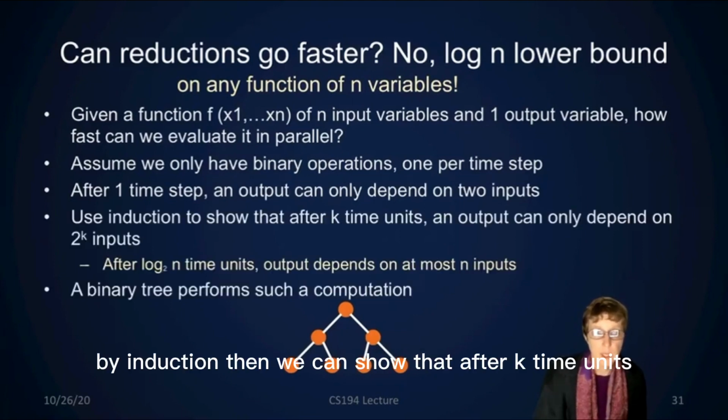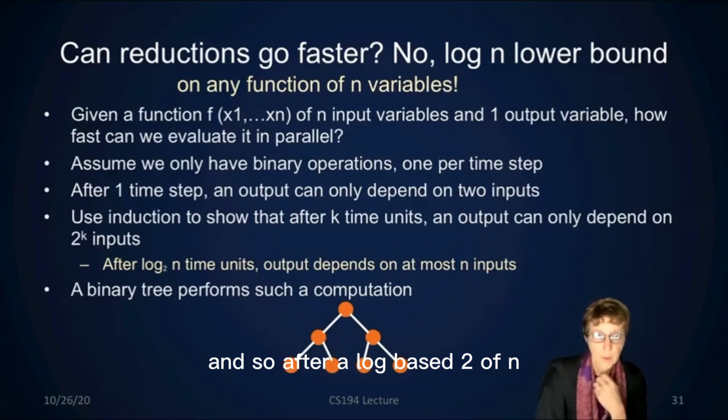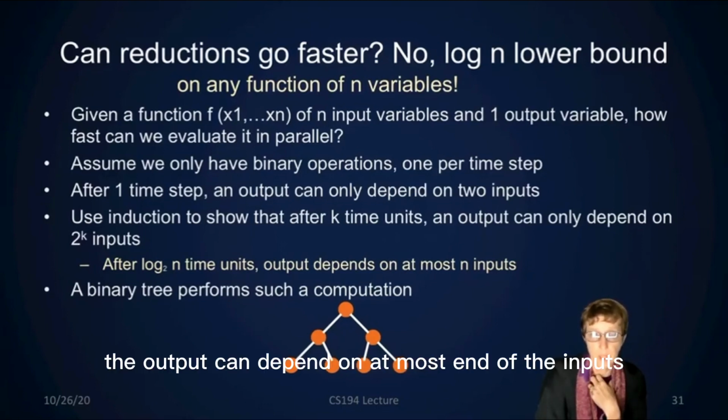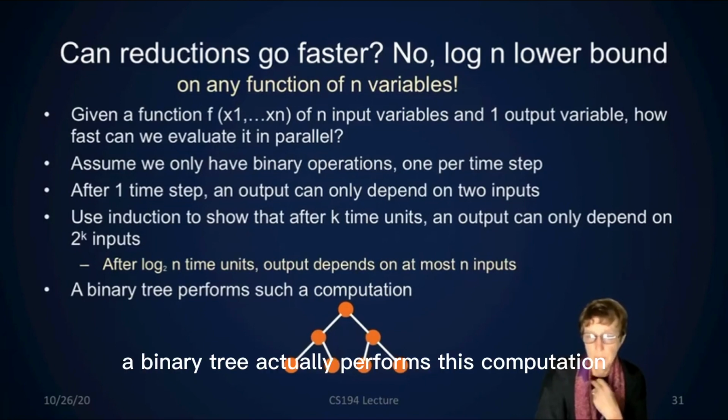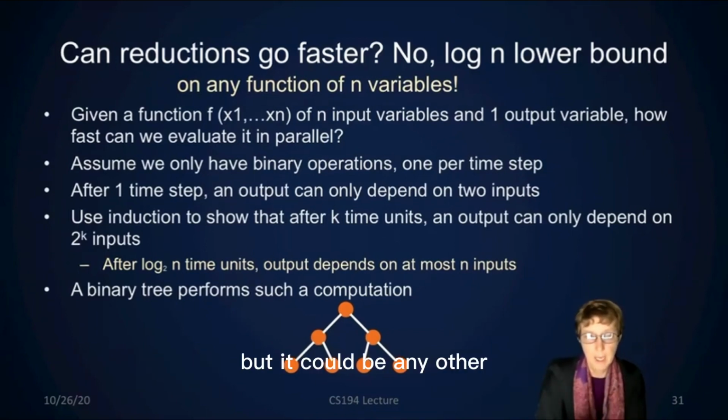And by induction, then we can show that after k time units, an output can only depend on 2 to the k inputs. And so after log base 2 of n time units, the output can depend on at most n of the inputs. And then a binary tree actually performs this computation in terms of doing something like a reduction, but it could be any other kind of expression tree in here.